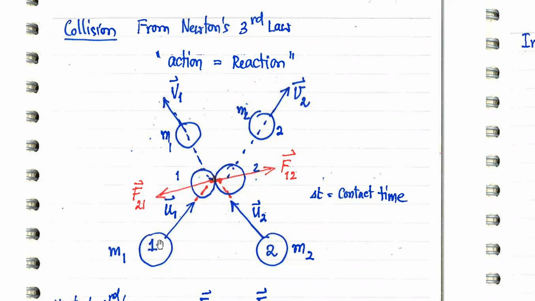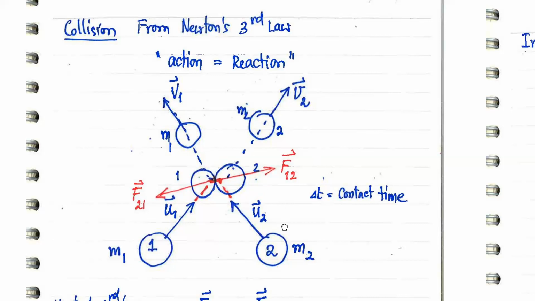So if one is coming in with this U1 in this case, and the force is acting to the left, so the initial, this is also delta V. Okay, so a final velocity would be something like that to the left. And for this case, something like this to the right. So M1 and M2 are different.